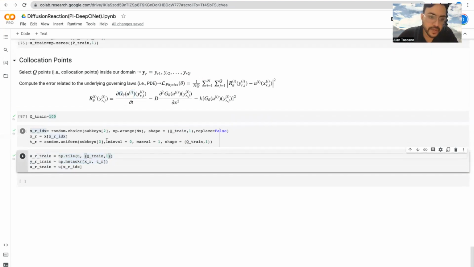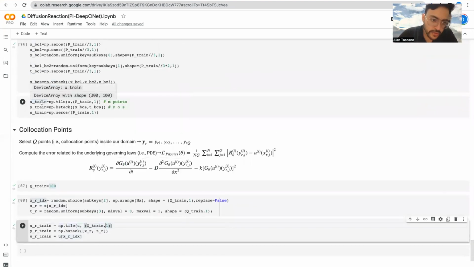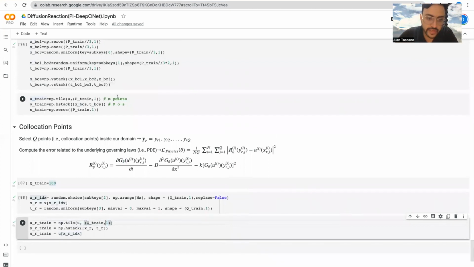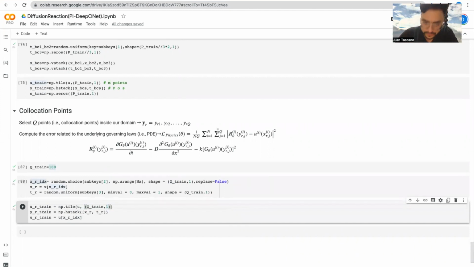But if you recall from the previous part, usually the u train set contains m points, while the y train set contains p points, and p is not necessarily equal to m. So as you can see, those two variables are different. It's the same input function, but they are evaluated at different points.